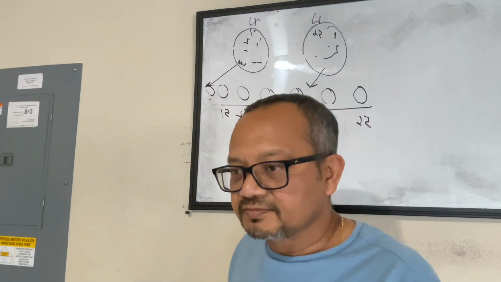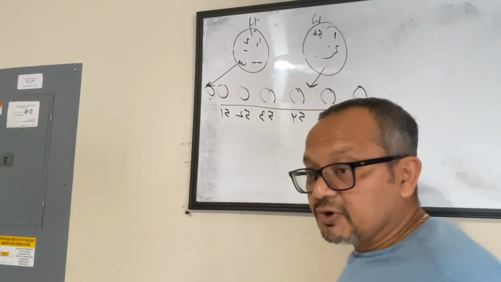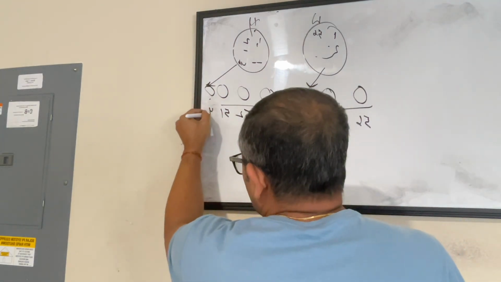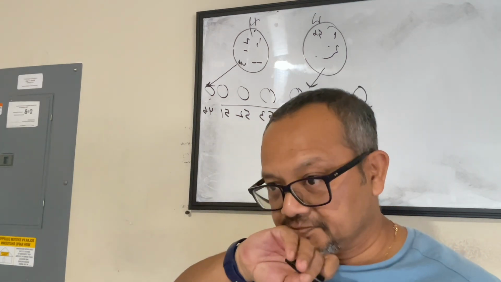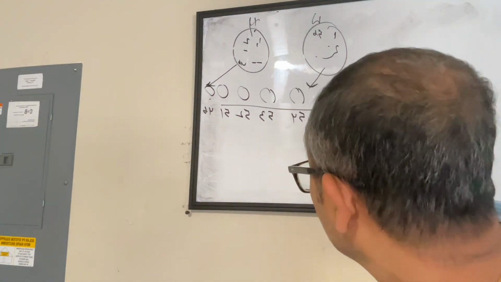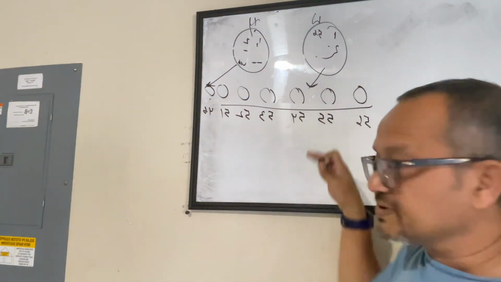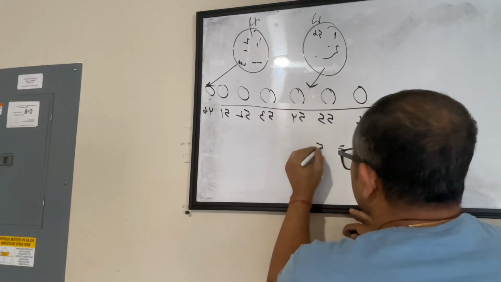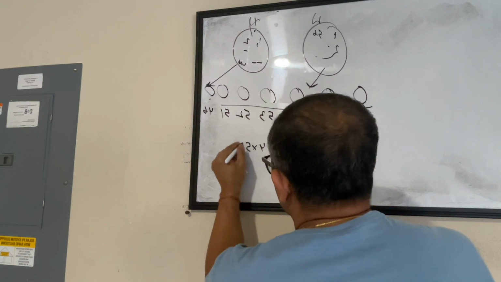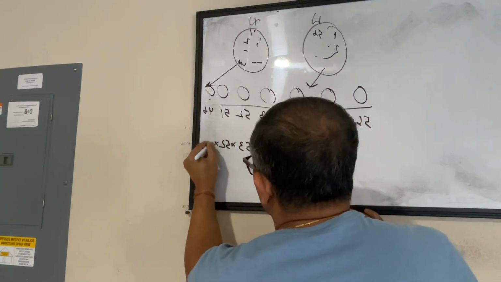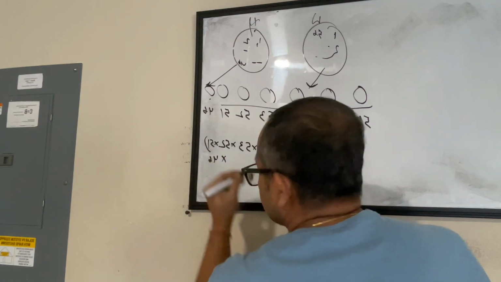Now, for the seventh one, I have numbers 1 to 46. I have 46 different options to choose from. So the total number of possible options that I have for picking this is 56 into 55 into 54 into 53 into 52 into 51, and I'll keep them together multiplied by 46.